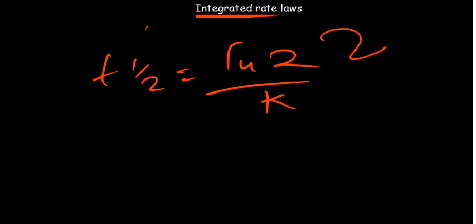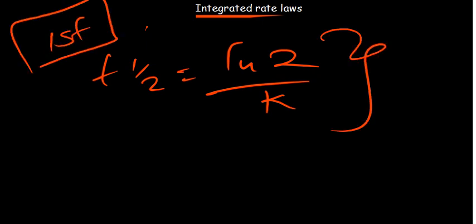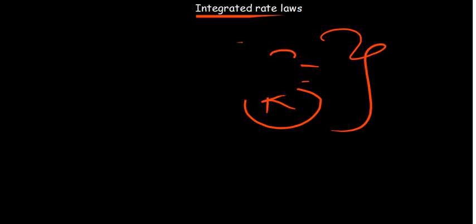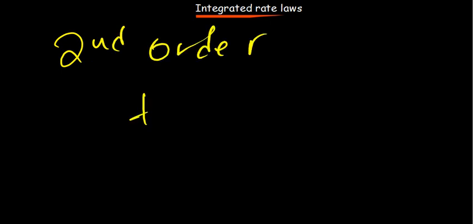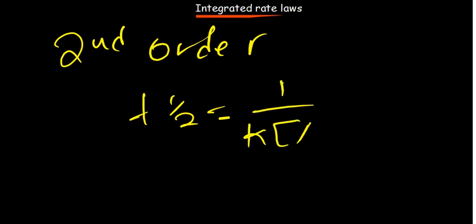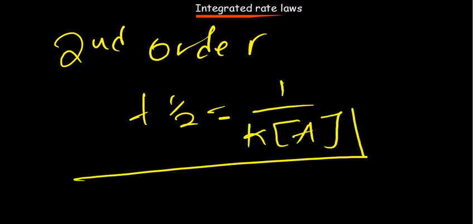It doesn't depend on the concentration. It only depends on the value of k. And then the other one, I think I've forgotten. What is the half-life for the second order reaction? 1 divided by k multiplied by the initial concentration. Okay, so it's very simple.